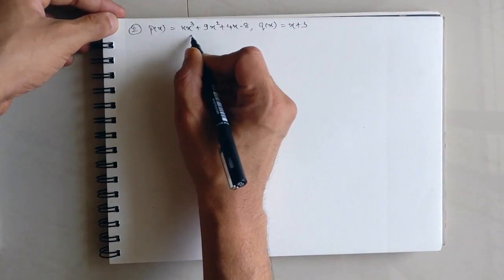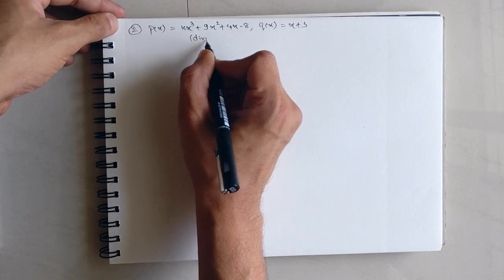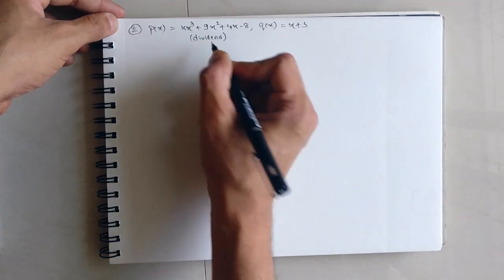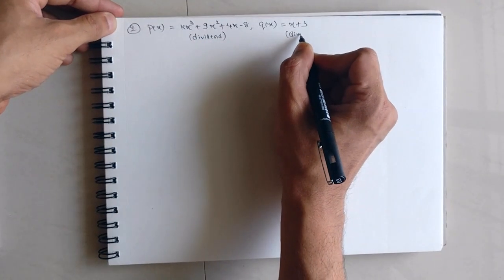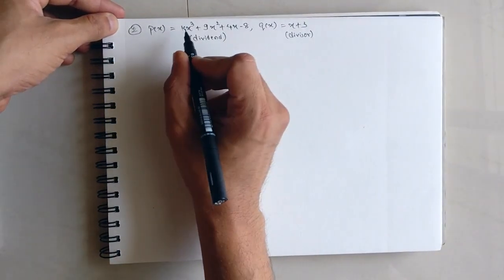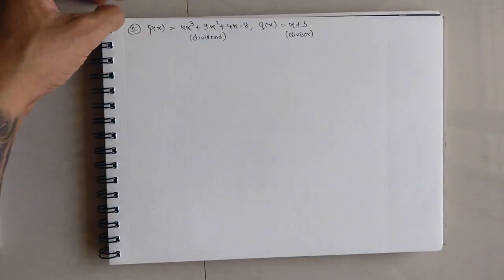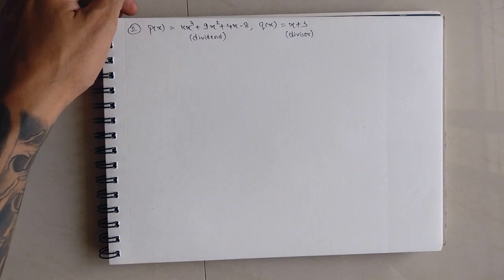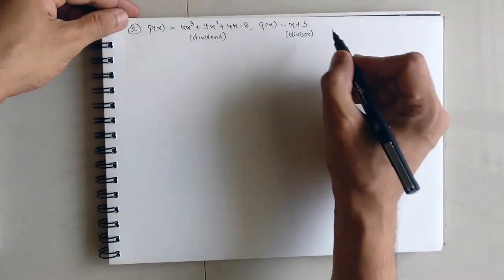So this is the dividend, and this is the divisor. P of x is divided by q of x. It leaves the remainder 20.